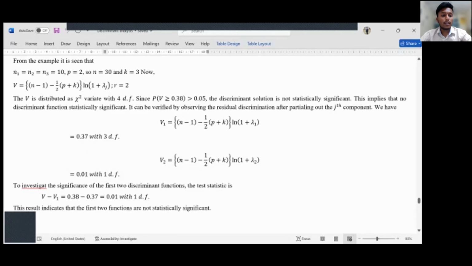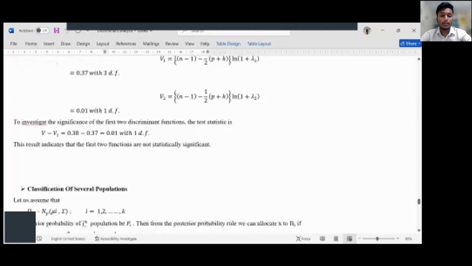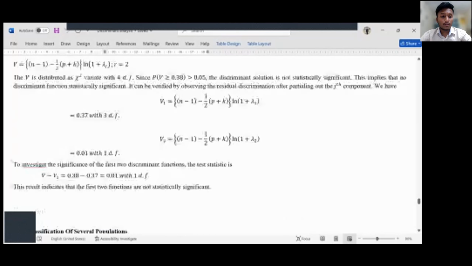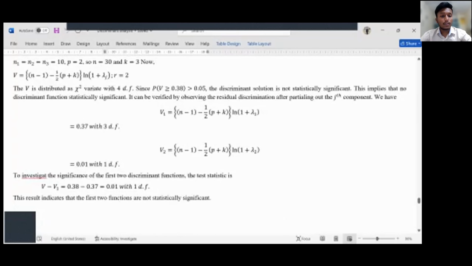To investigate the significance of the first two discriminant functions, the test statistic is V minus V_1, which is 0.01 with 1 degree of freedom. The result indicates that the first two functions are not statistically significant.